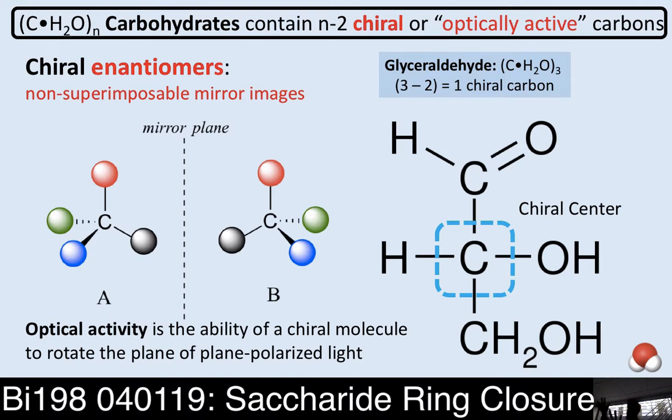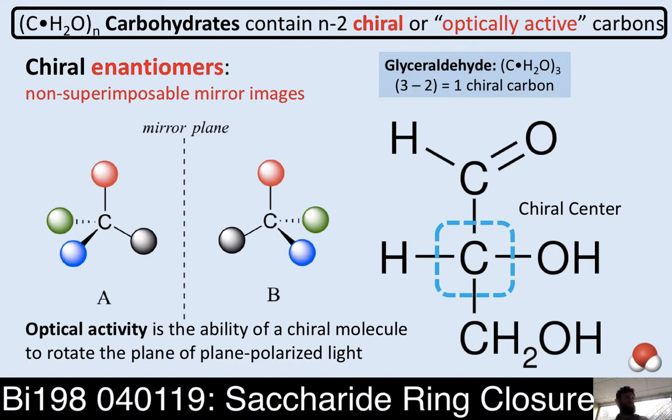You can't take one and make it transparent and lay it on top of the other, and they would appear to be identical. You know what I'm saying? They're non-superimposable mirror images. Whereas oranges, 2 oranges are superimposable mirror images of one another. You can take one orange and stick it on top of the other orange, and they'll look the same.